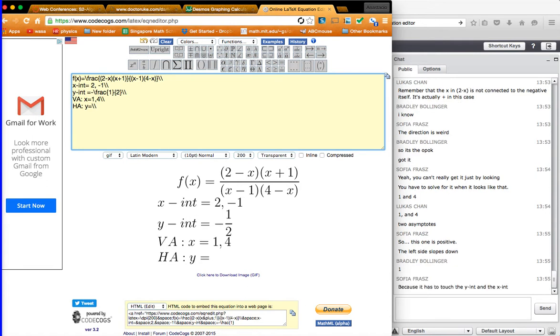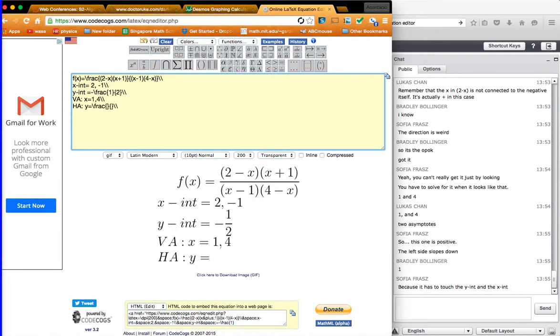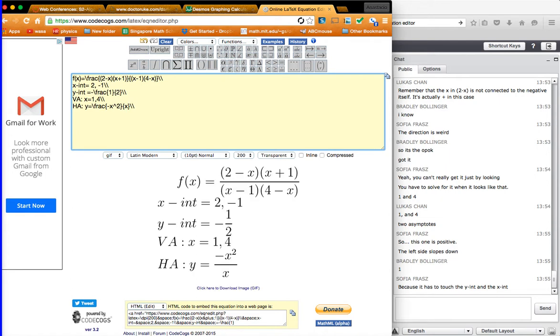All right. Now, our horizontal asymptote is at where? I can approximate this to be basically -x² over -x². So 1. Right?